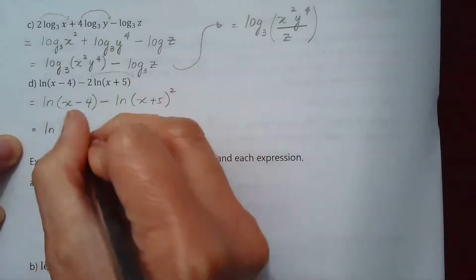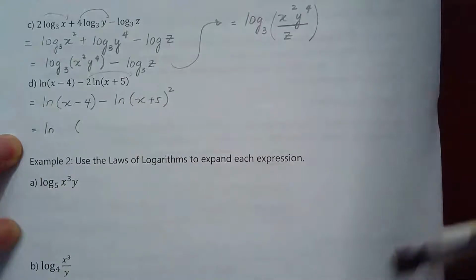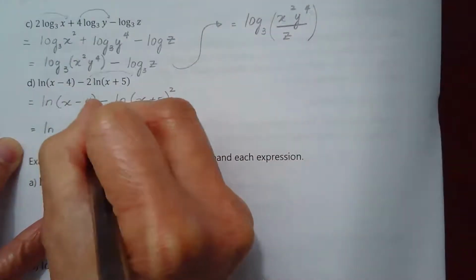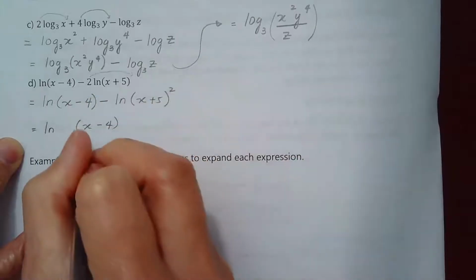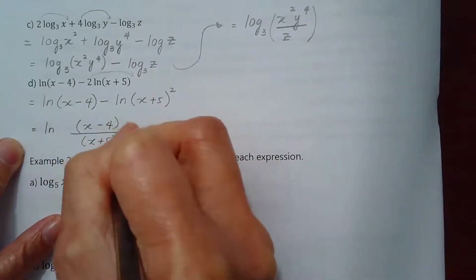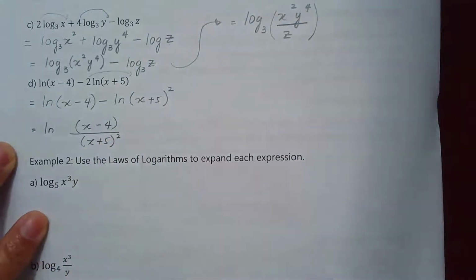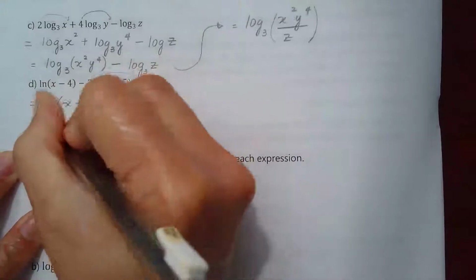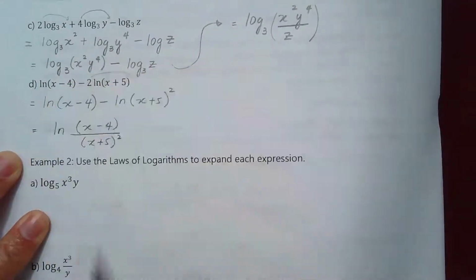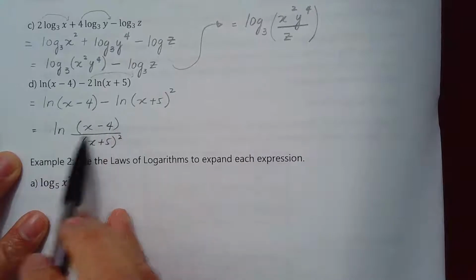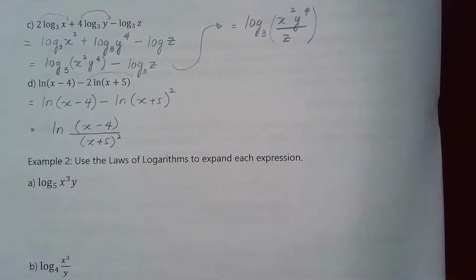So natural log of x minus 4 divided by x plus 5 squared. I'll bring the natural log a little bit closer. So natural log or ln of x minus 4 divided by x plus 5 squared.